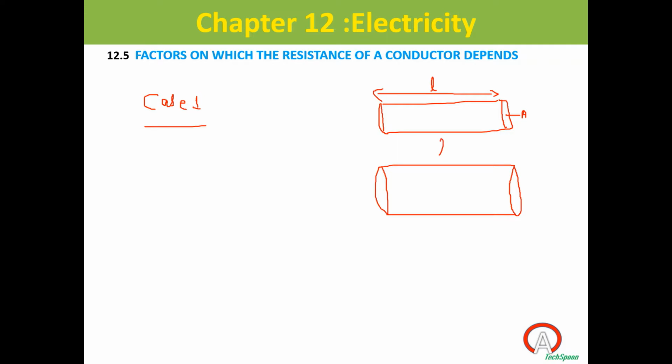Here length is L, but area I made it as double, 2A. So here I am changing the area of cross section of a conductor. Let's see how the current varies.